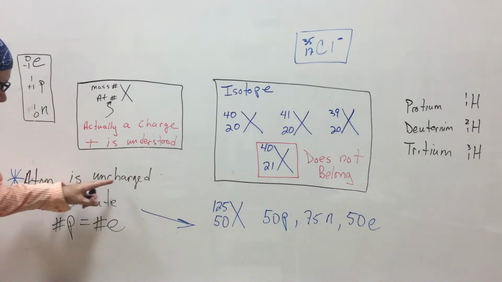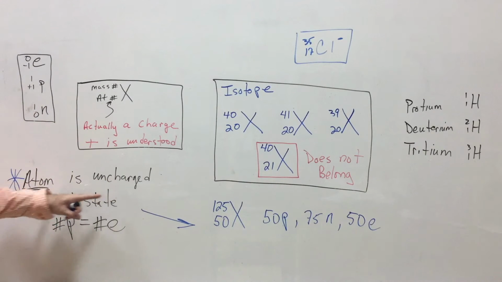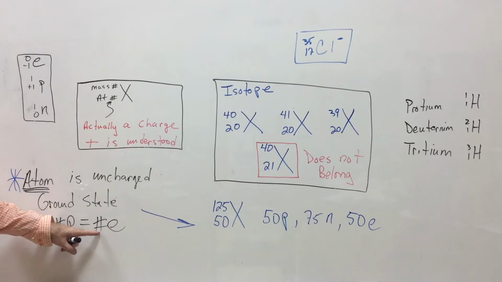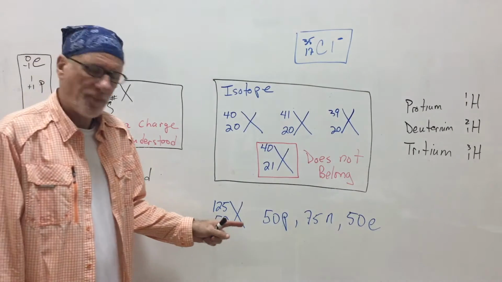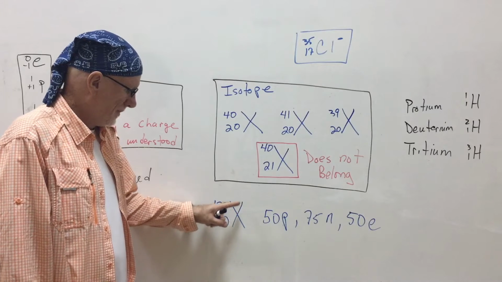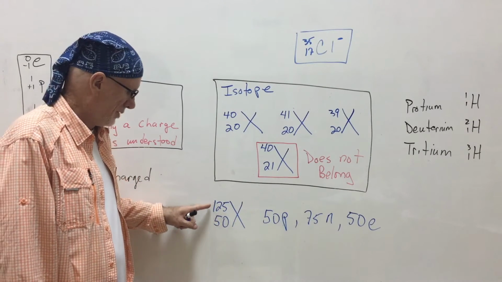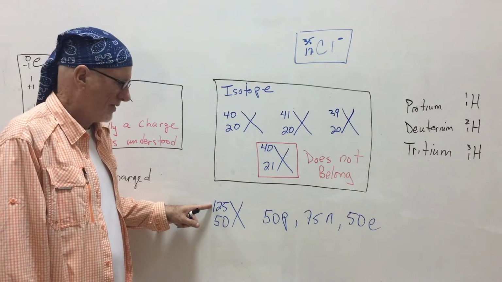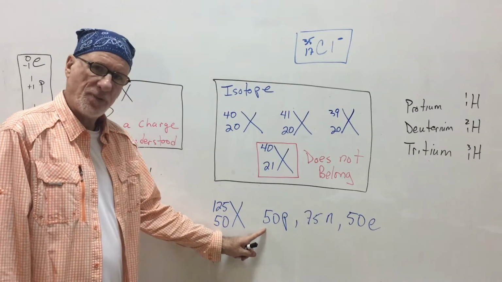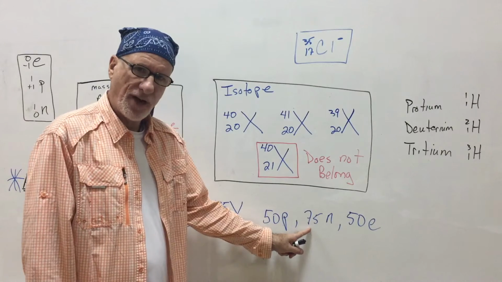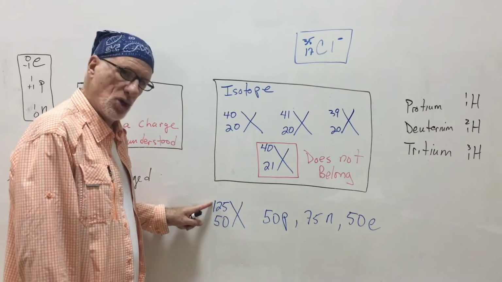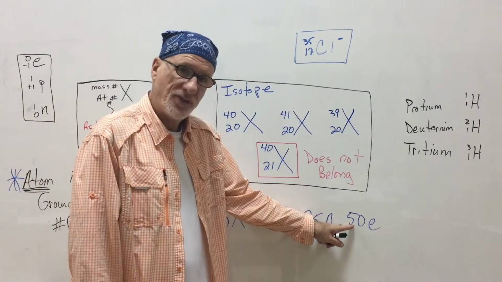An atom is uncharged, ground state, the number of protons equal the number of electrons. For instance, if I have a particle where here's the symbol X, 50 is the atomic number, the mass number is 125, that's going to have 50 protons, 75 neutrons, those are the nucleons, and then 50 electrons.